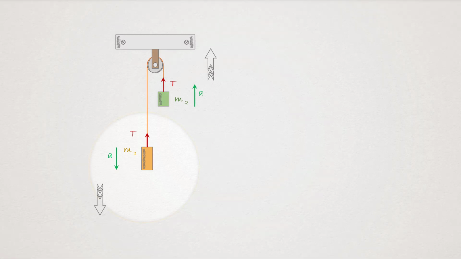So if we look at M1, we see only two forces acting on it. One is the tension pulling upward, and the other is its weight pulling downward. Since we already agree that this mass will accelerate downward, then we know that the force pulling downward must be greater than the force pulling upward.